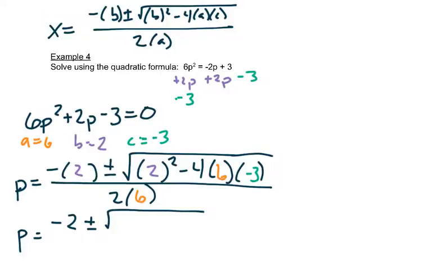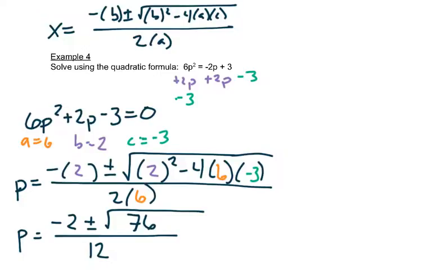So 2 squared minus 4 times 6 times a negative 3 gives us 76, all over 2 times 6, which is 12. Now, if you try to take the square root of 76, you don't get an even answer, so we need to simplify it.